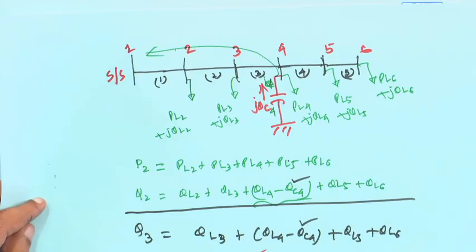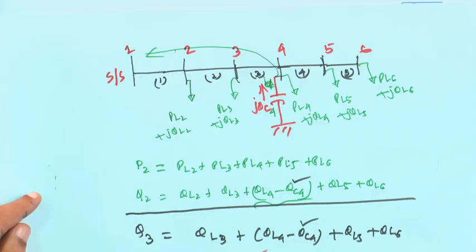We have seen the branch power loss is R into P squared plus Q squared upon V2 squared. So, though the series capacitor's purpose is to increase the voltage magnitude, and though not by much, because of the improvement in voltage magnitude, to some extent power loss also will reduce.